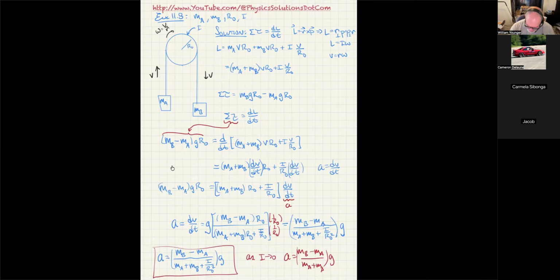All right, so let me go through this example, conceptual example 11.9. So conceptual. What we're looking at here is I'm going to imagine a bicycle wheel like the one we were talking about earlier, like that.